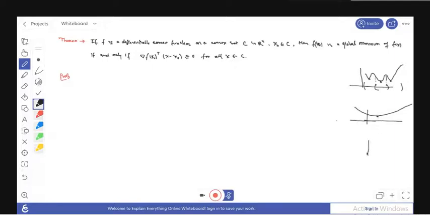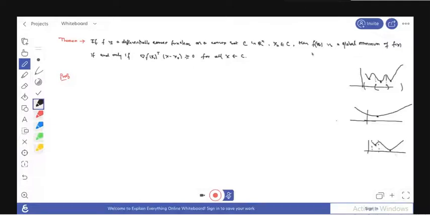And if your function is not convex, suppose a function like this, and you take a local minimum here, in the interval C, and the function is not convex over the whole domain, then this minimum is not the global minimum, because the global minimum is this other point, which has the lower value.